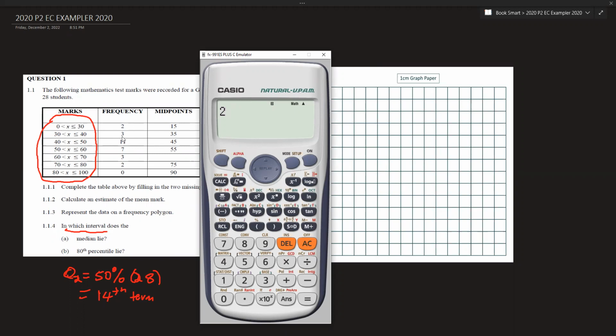It's out. Then you add the next frequency. Plus 3, we get 5. So it cannot be in the first or the second, because the answer that we get when we add them is still smaller than 14. So basically, let's do this.